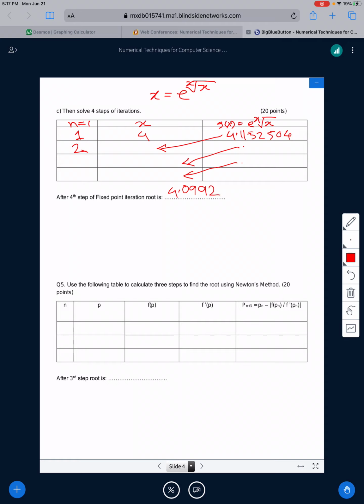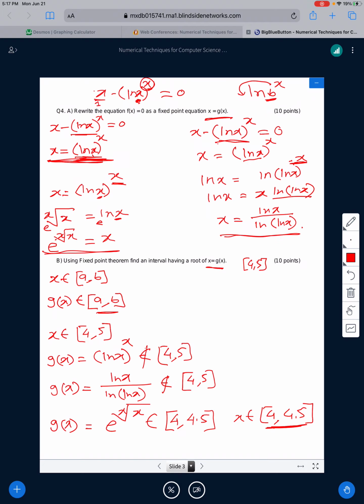Okay, so here you go with the fixed point technique. Again, I am reviewing a little bit. First thing you need to do is solve the equation f of x equal to 0 as x equal to g of x. So make sure that you can solve one equation in different ways in x equal to g of x form, and not all of them will work. Some of them will work, some of them will not.